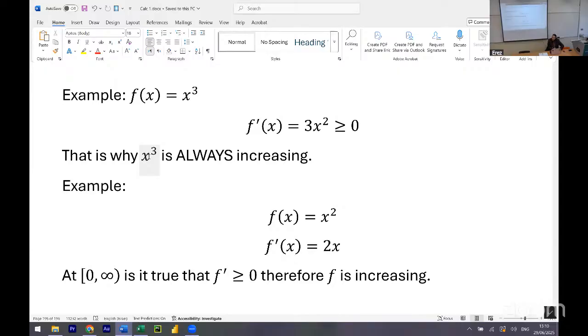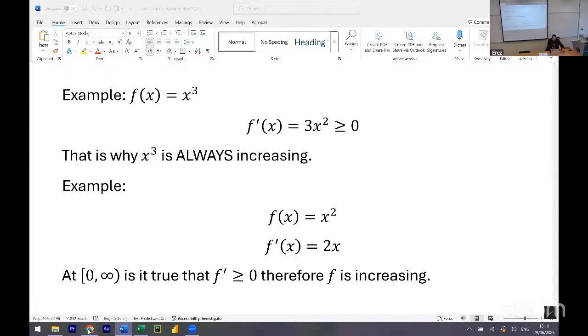If it's above the x-axis, then the function is only increasing, and if it's below, then it's increasing, then decreasing, then increasing. So it isn't completely increasing. It doesn't have to be.